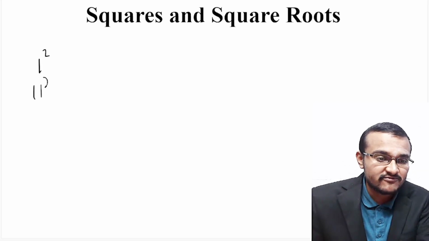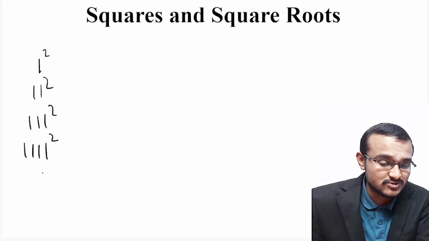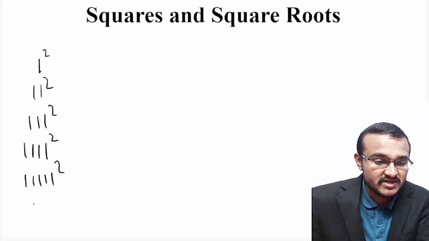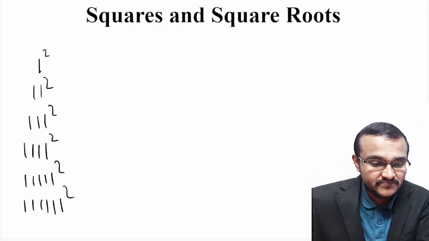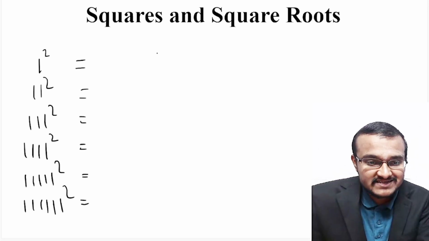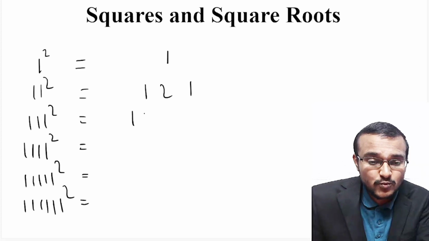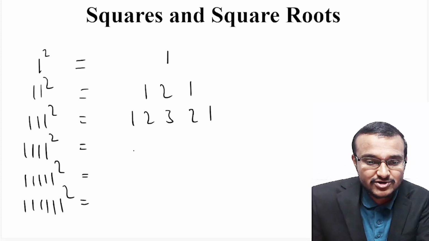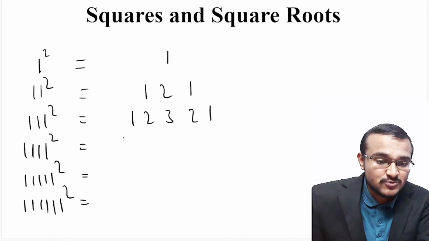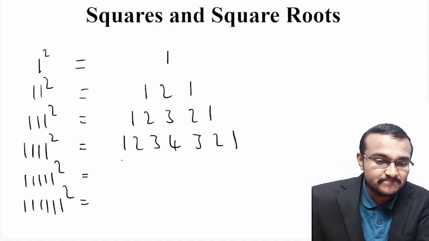If you take 1 squared, 11 squared, 111 squared, 1111 squared, and so on, then the squares of these numbers go in a particular pattern. 1 squared will be equal to 1, 11 squared will be equal to 121, 111 squared will be equal to 12321, 1111 squared will be equal to 1234321.